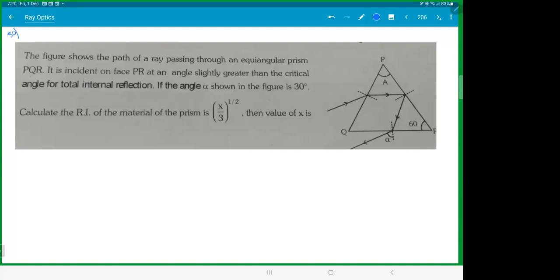So at PR the angle is slightly greater than critical, meaning you can assume it is the critical angle only. First thing, draw a good diagram.